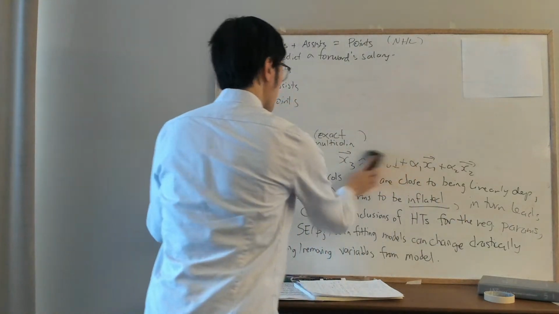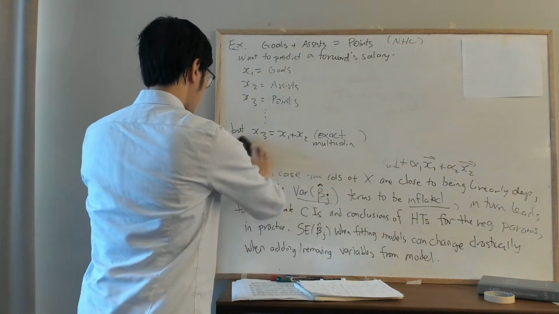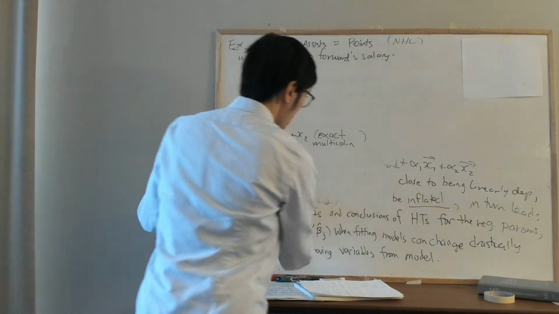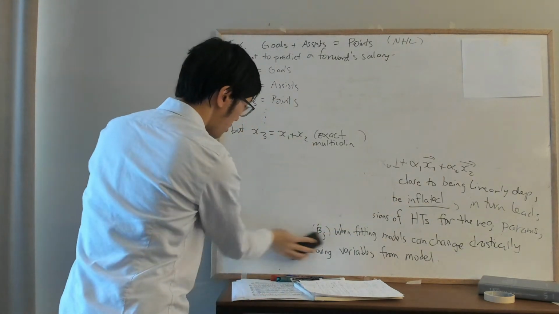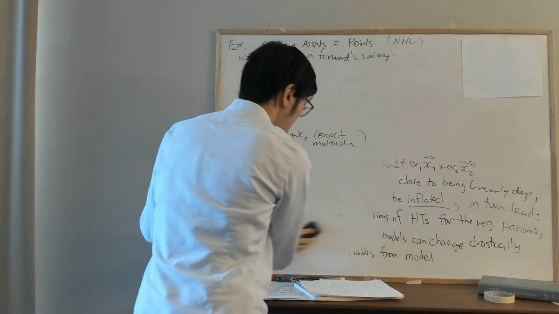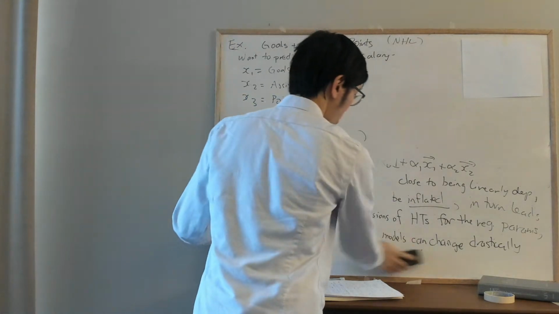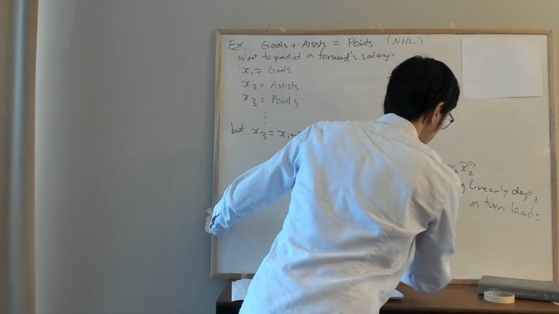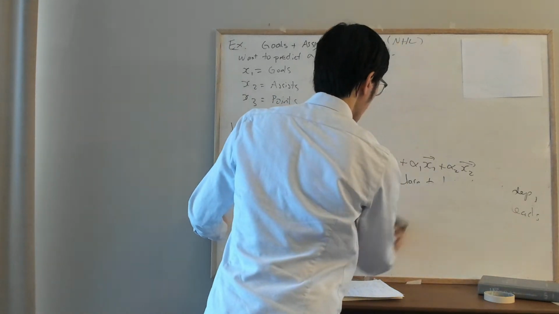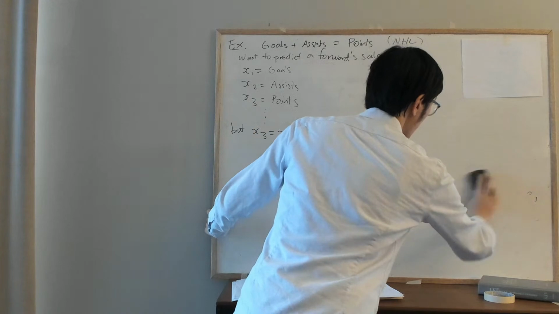That's one practical example. But often, as mentioned, near multicollinearity might occur simply because of the kind of variables we measure on the units that we're studying.